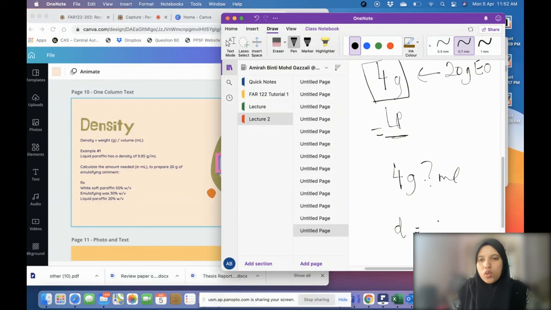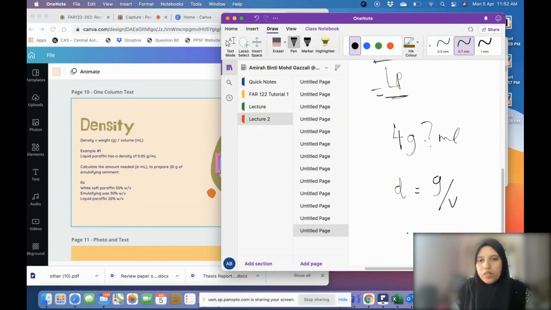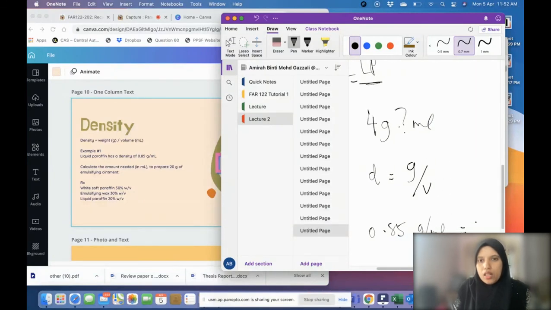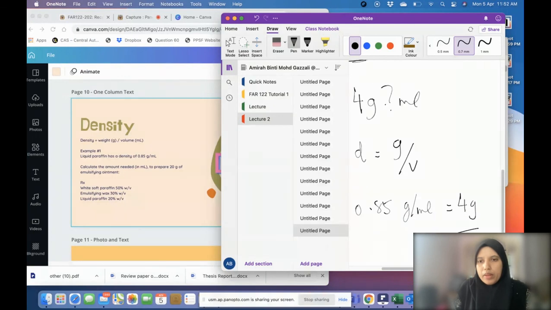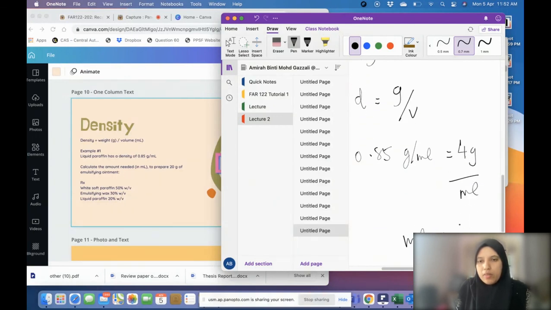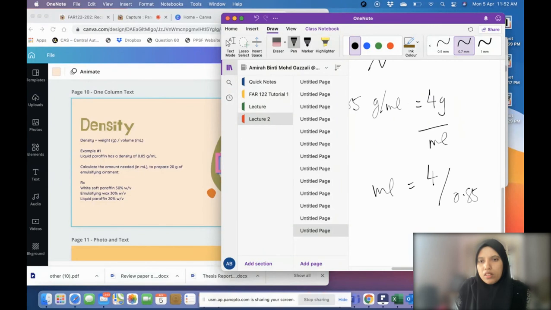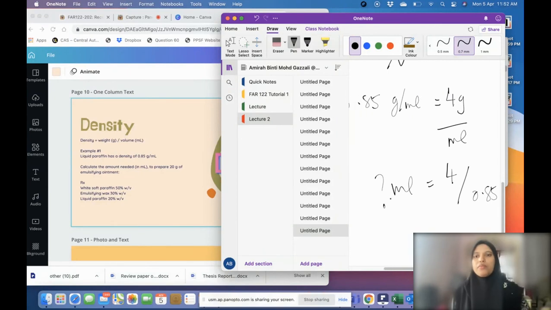As density equals weight over volume, the density is 0.85 gram per ml equals 4 gram divided by ml. So how many ml will it be? 4 over 0.85, so this will be 4.7 ml. Okay, so 4.7 ml liquid paraffin would be needed to prepare 20 gram of emulsifying ointment.